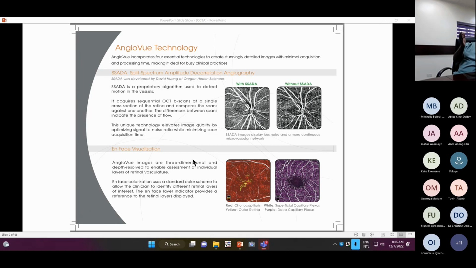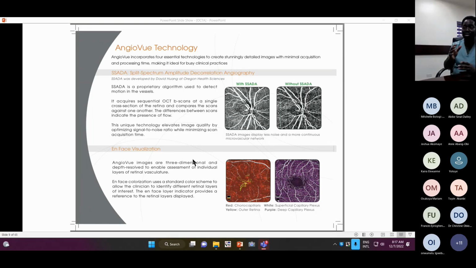Let me use the example of someone running: you take his picture at every step, and there will be a difference in each step he takes. Then you match those into a single image, picking out the places where there is flow, where there is change. That flow is characterized by change in the position of the red blood cells. So it's a proprietary algorithm used to detect motion in vessels. It acquires serial OCT scans and presents them in an image that is easily analyzed.